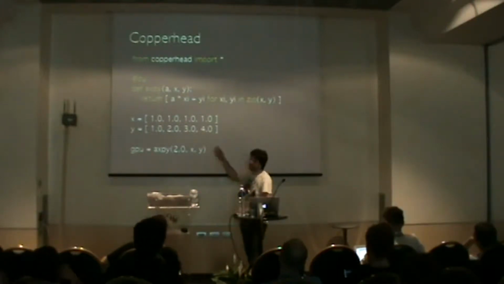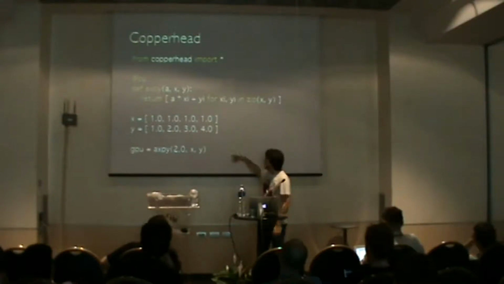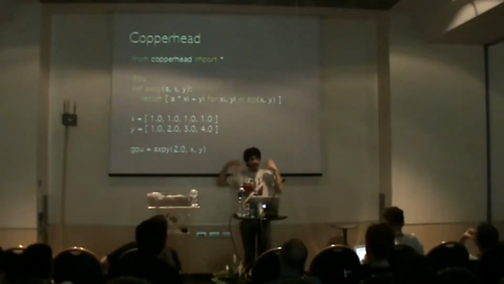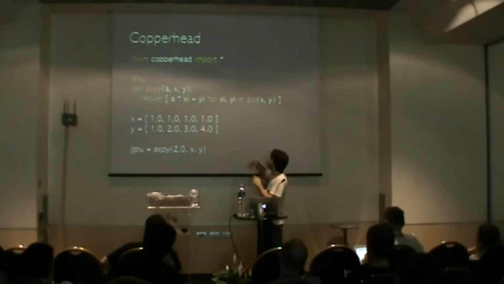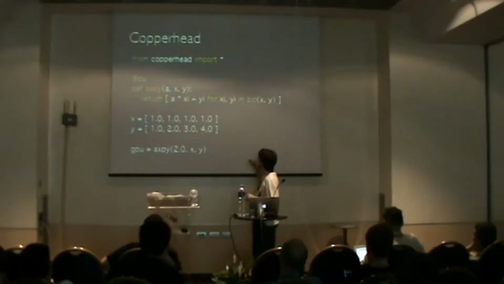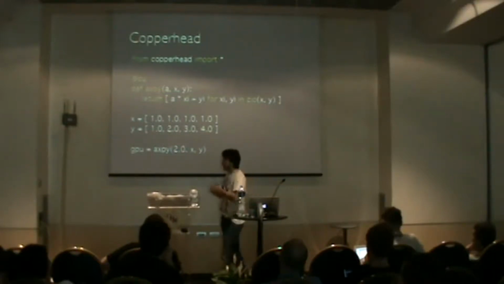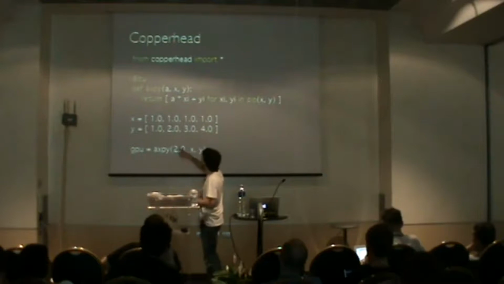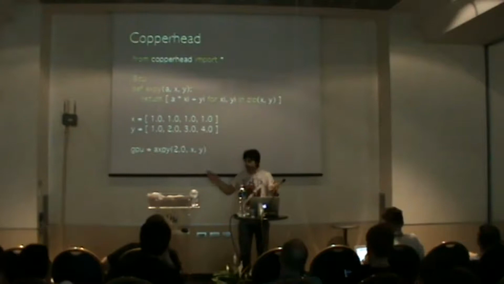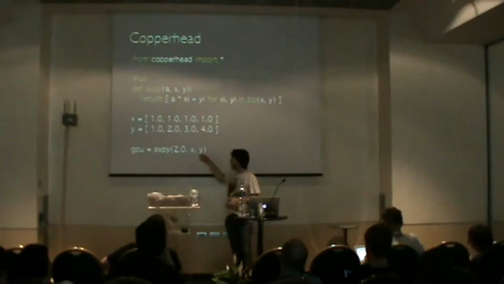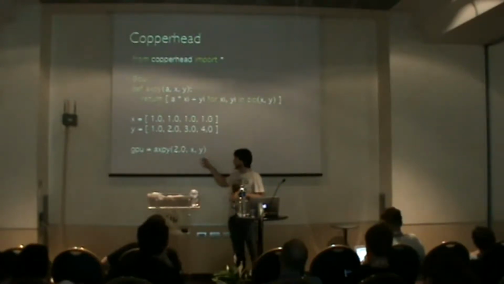I defined a simple ax plus y function, using standard list comprehension syntax and the standard zip operator, which is overridden by the name that I imported from the Copperhead module. Then I can declare vectors as standard Python lists, and call the ax plus y function.